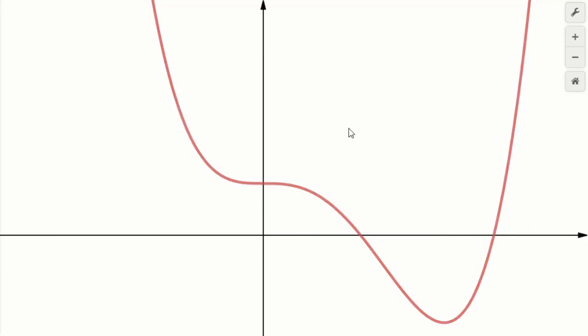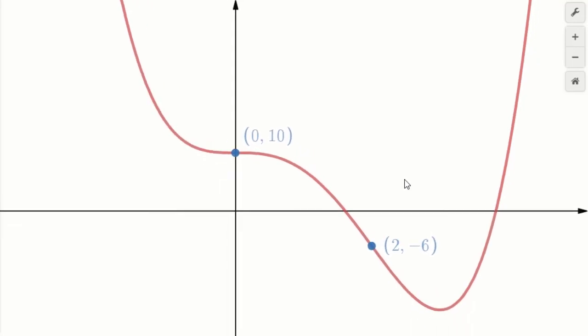In part A, we found the inflection points. One of them is at 0, 10, and the other inflection point we found was right here with coordinate 2, negative 6.